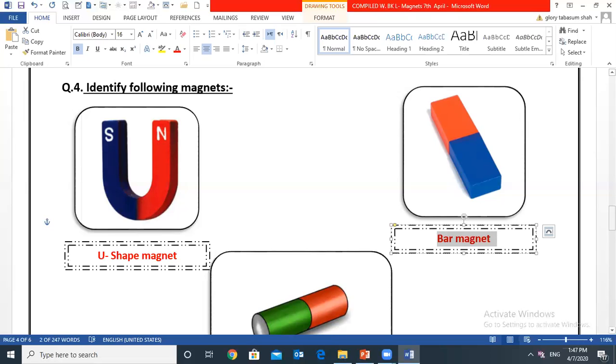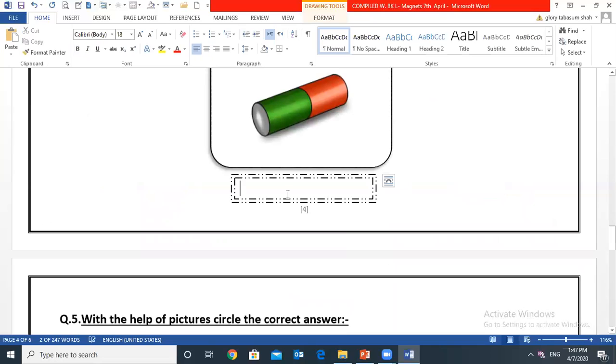Next, third one, cylindrical magnet. Cylindrical magnet.